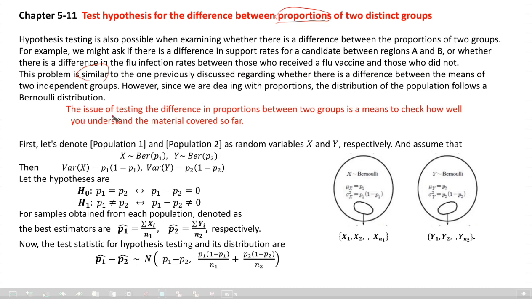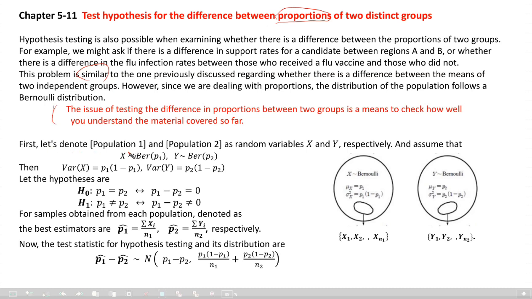This topic, testing the differences in proportions between two groups, is a means to check how well you understand the material covered so far. So it is a concentrated topic, and you had better keep your previous knowledge in mind.